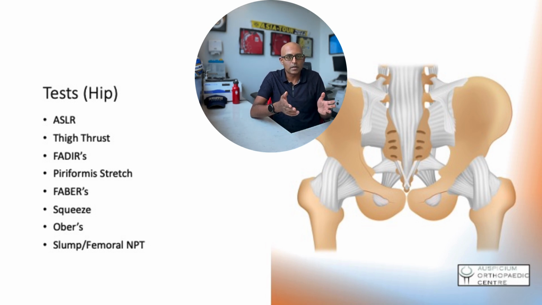So it may not be appropriate necessarily to do FABER or Feder's for a presentation, but if the patient has come in with pain around the adductors, then of course doing squeeze tests and palpating around the pubic symphysis will be super important. Similarly, around the knee, there may be some tests which are more relevant to the clinical presentation than others.